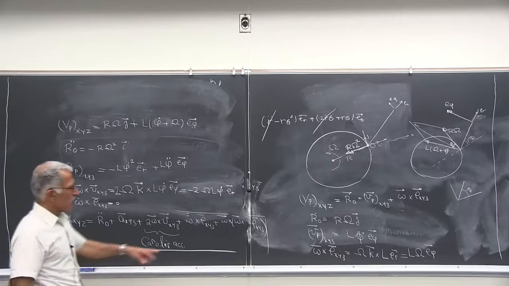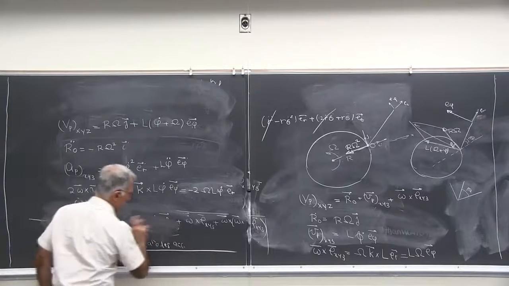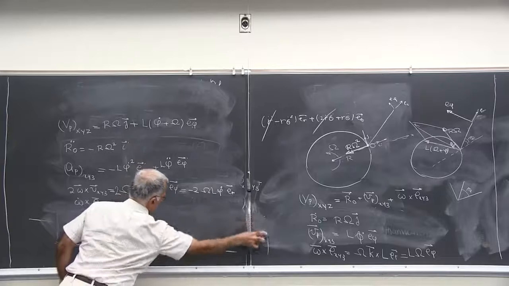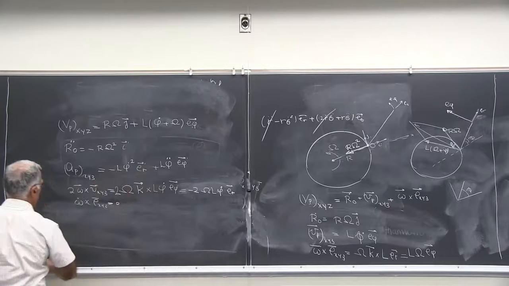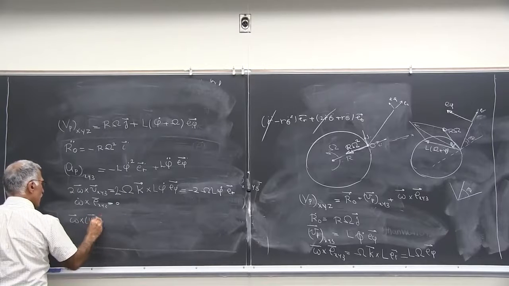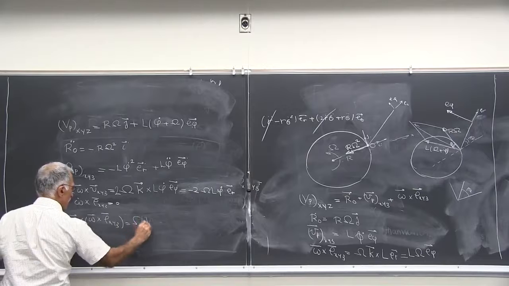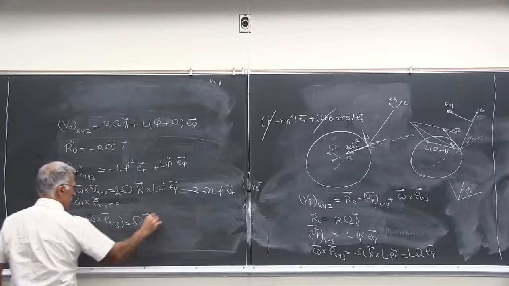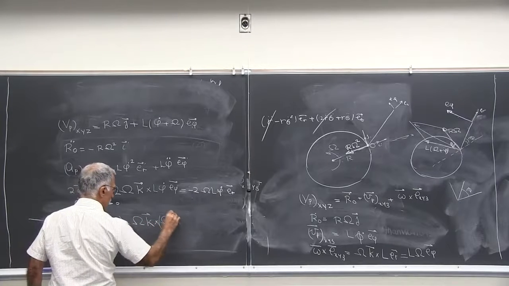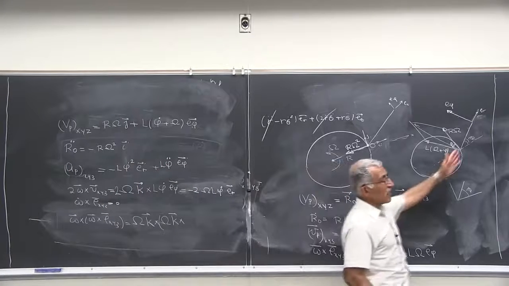Then I have the last term, omega times omega times rho xyz. That's omega k times omega k times rho xyz, and rho xyz is L ER.